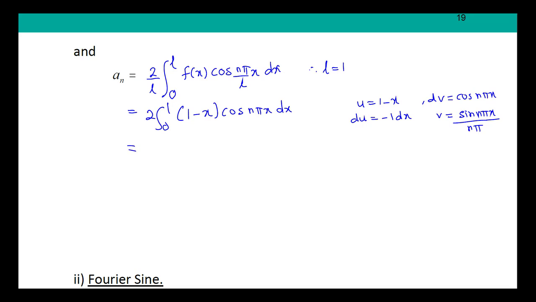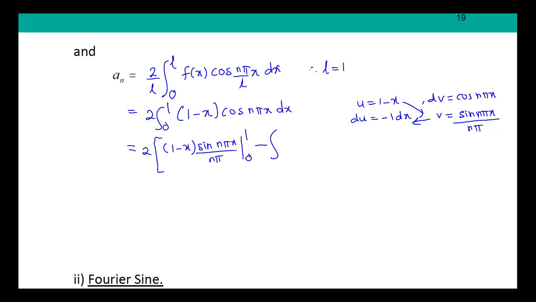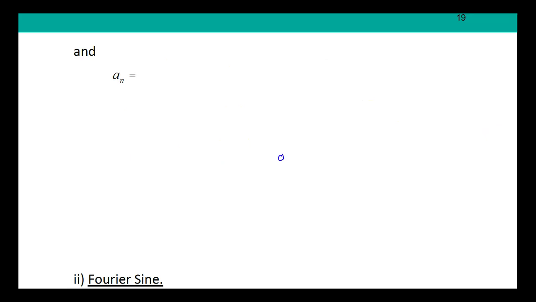So you will get 2, uv is like this from 0 to 1, and then integrate v du. So minus is plus, sin n pi x divided by n pi dx, integrate from 0 to 1.